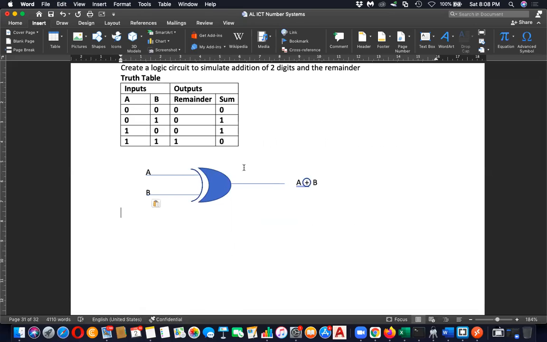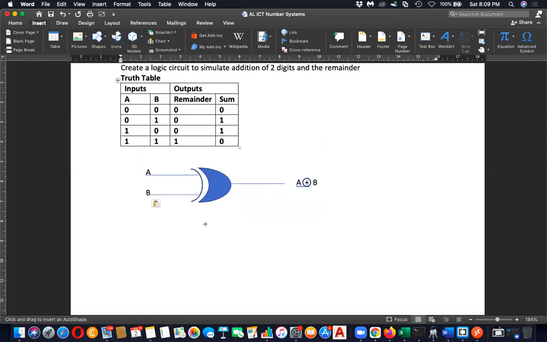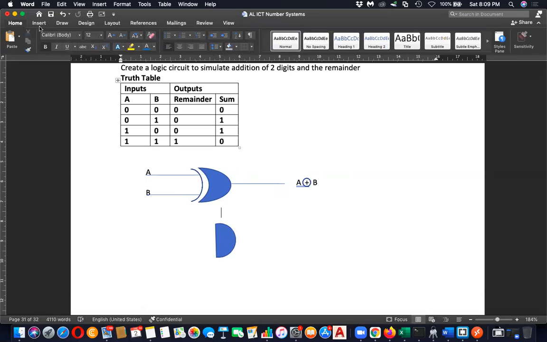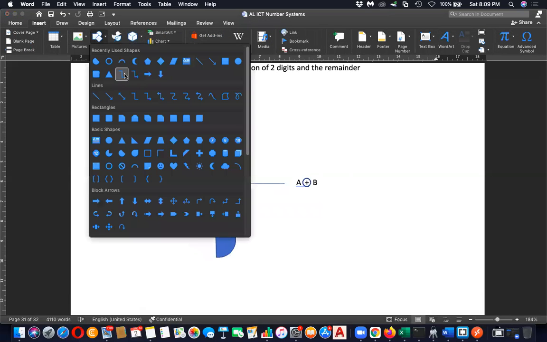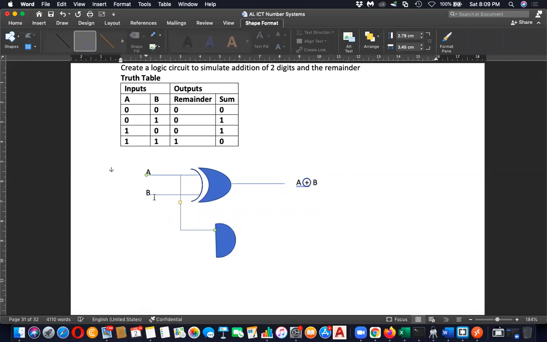One is the XOR gate, the other one is the AND gate. You have to take inputs from both A and B. One from A. The second one you have to put from B.